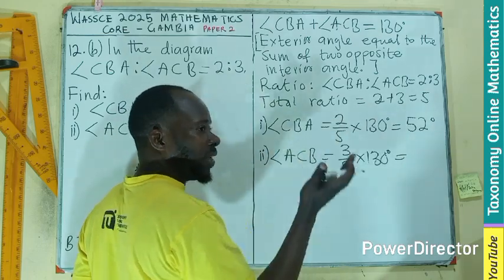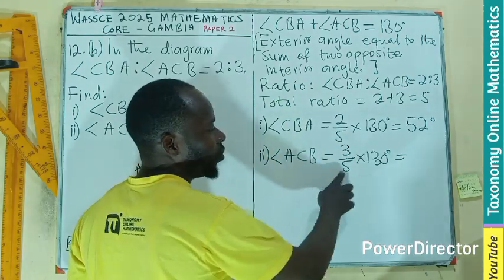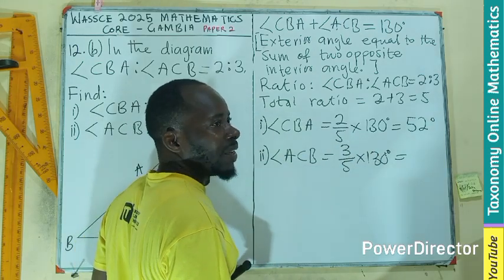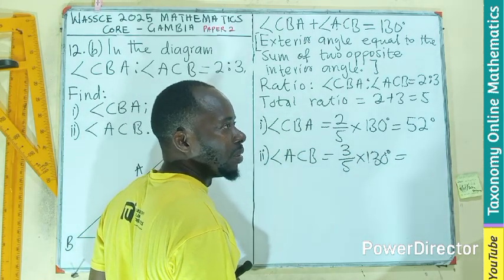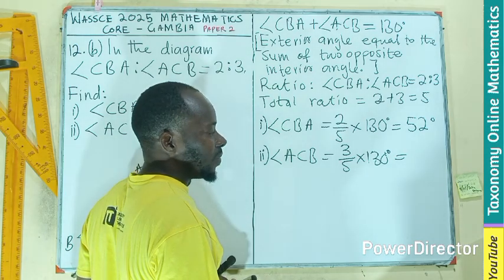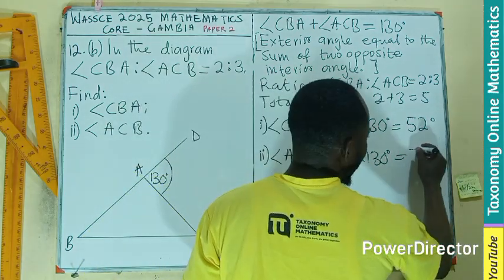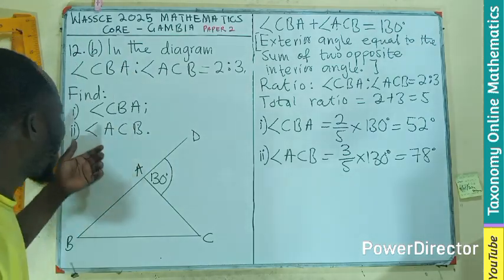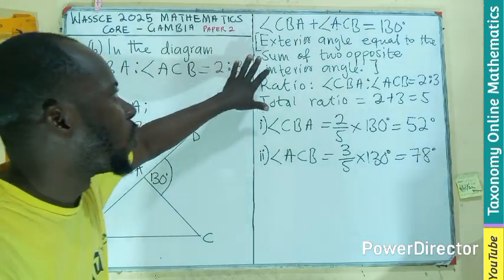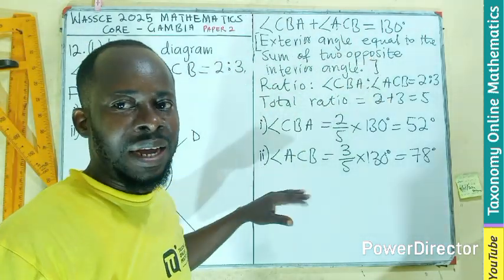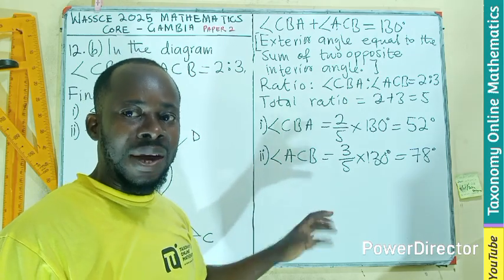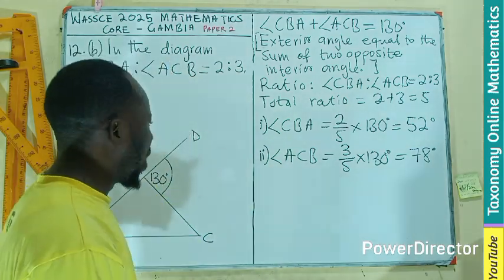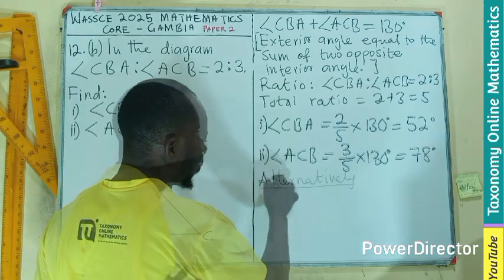This same calculation is 26 times 3, which is 78 degrees. So these are the two angles we are asked to find, based on the exterior angle and interior angle property. That is the first approach I want to take, but we can also use an alternative approach.